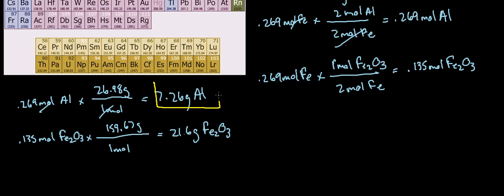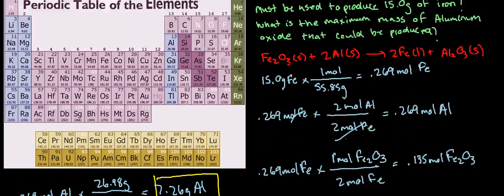These are the answers to the first part. It takes 7.26 grams of aluminum and 21.6 grams of iron 3 oxide to produce 15 grams of iron.